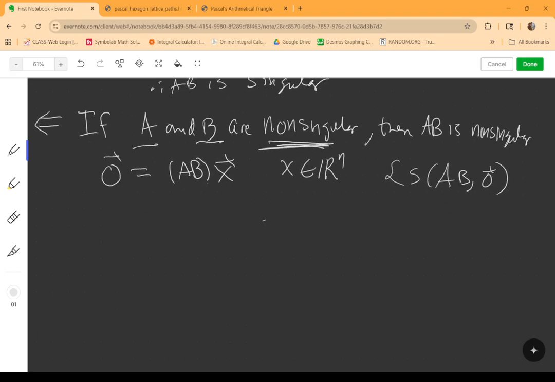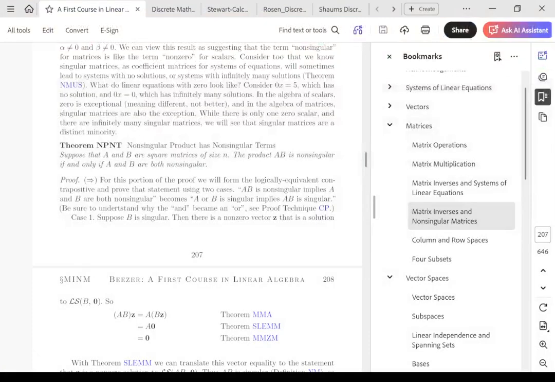All right, so let's move on then to our second theorem here. Now this one is called theorem OSIS, and let me switch over to the textbook here so we can go through it together.